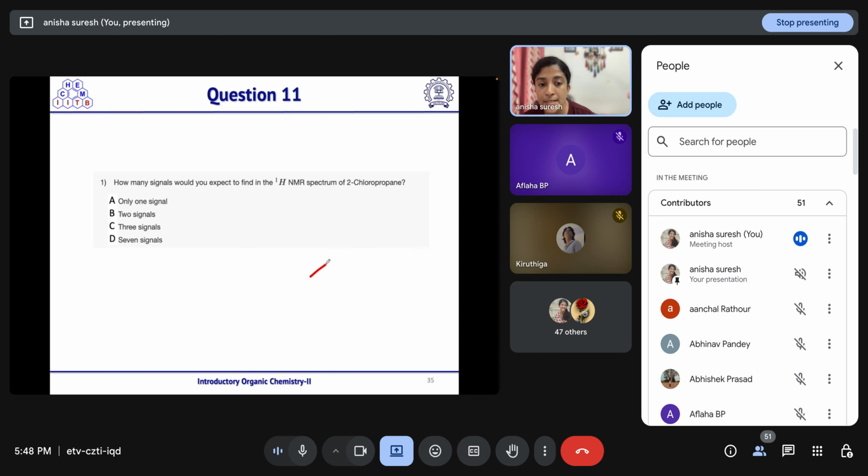So propane means 1, 2 and 3, 3 carbons will be there, and in the second position chlorine is present. So here CH3 is there, CH3 is there, and here a CH is there. So this is the structure of 2-chloropropane.